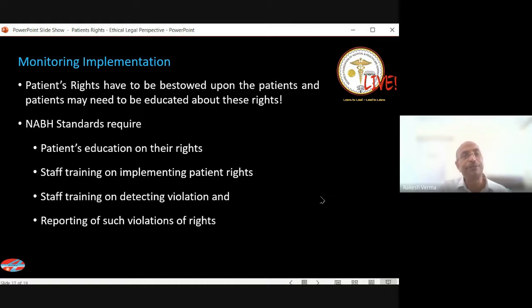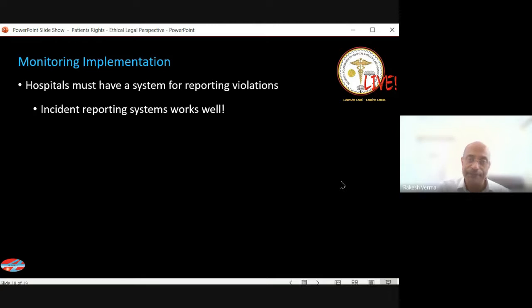Then the staff also needs to be trained on how to report the violation of patient rights. And of course, this will come from training. Once we know how to detect violations, then we need to have a system in place for how to report. The easiest way of reporting these instances of violation of patient rights is using the incident reporting system of the hospital.